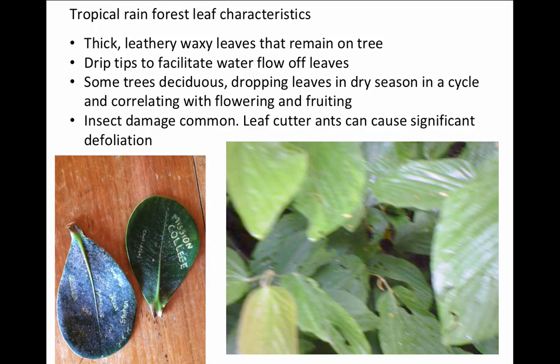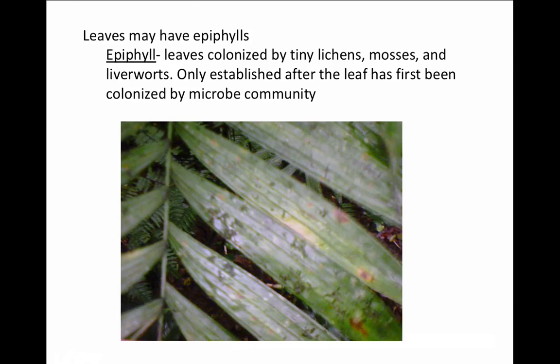So herbivory refers to eating of plant material, so herbivores. And a significant cause of herbivory in the rainforests are insects. And leafcutter ants alone cause a significant amount of defoliation.